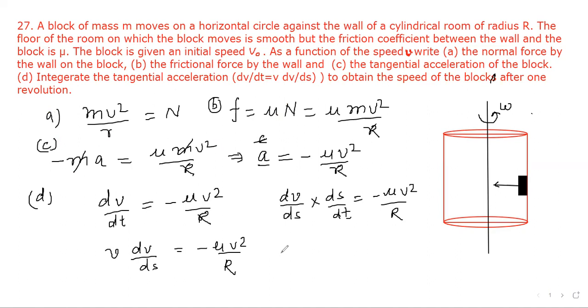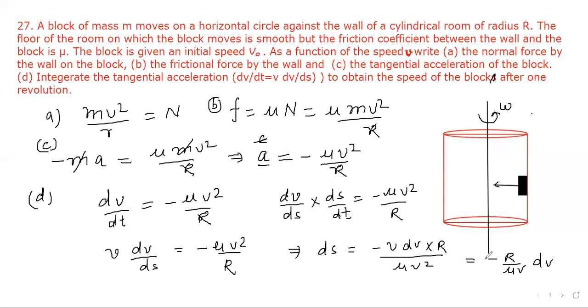or we can take ds to the RHS and other things to the LHS. So ds will be equal to minus v dv times r divided by mu v square. So this will give minus r upon mu v times dv.